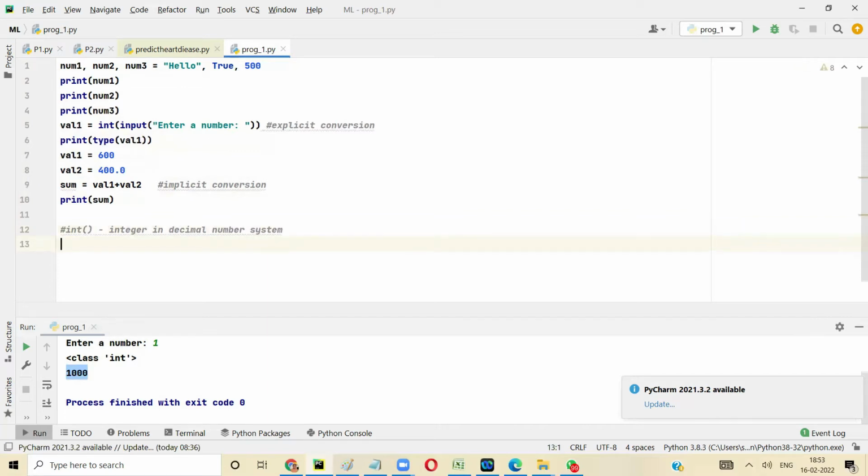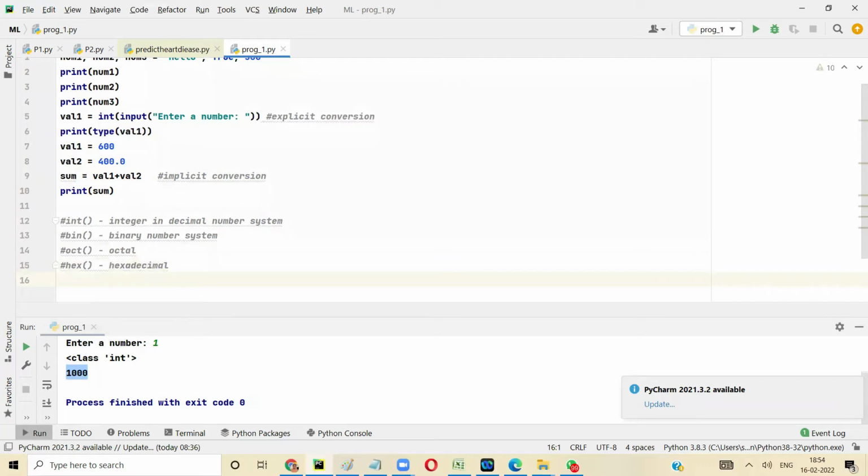Then you have bin, which is the binary number system. Then you have oct, the octal number system. And then you have hex, hexadecimal.